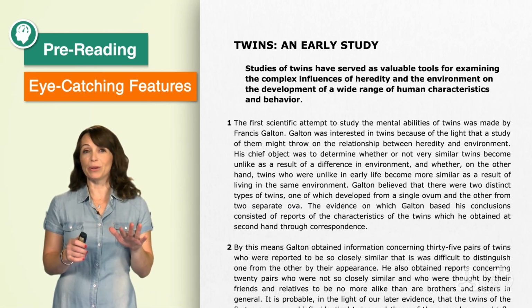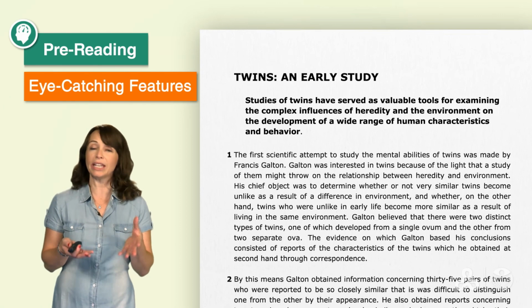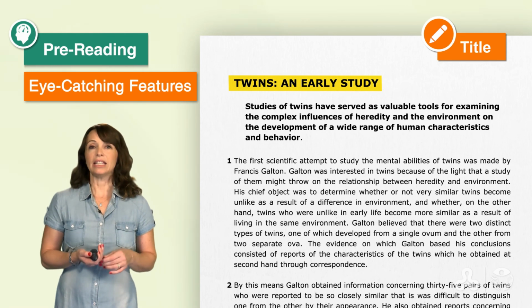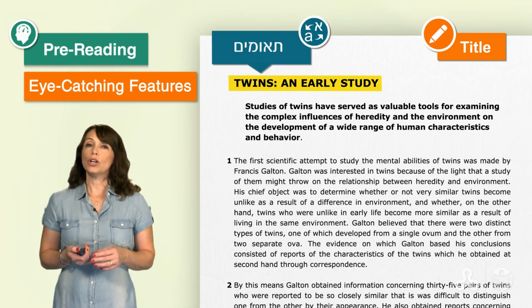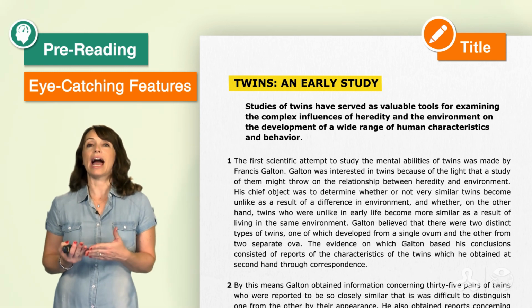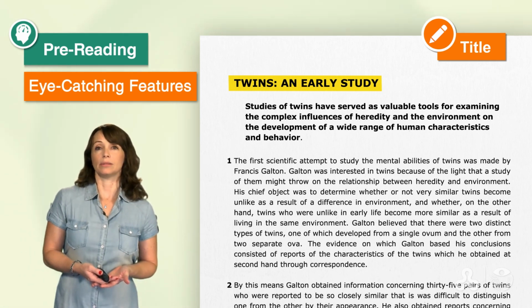Now we're going to go deeper into the eye-catching features and really get as much information as we can out of them. So we have the title. The title is called Twins, an Early Study. Now, the word twins means twins, and an early study actually means an early study, okay?